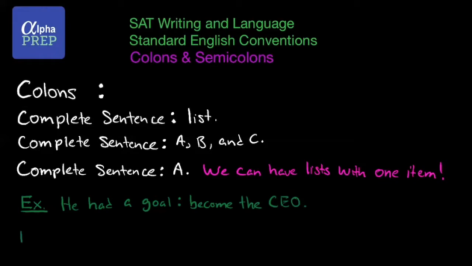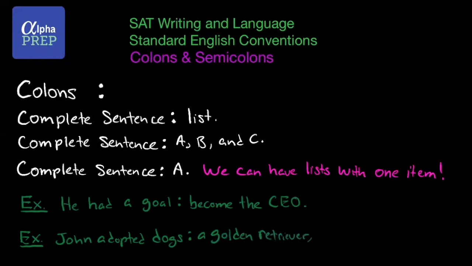An example of a sentence with a colon that has a multiple-item list is, "John adopted dogs: a golden retriever, a poodle, and a pit bull." So John adopted dogs, that's a complete sentence all on its own. Colon, and then everything after that colon is just list items: a golden retriever, a pit bull, and a poodle.